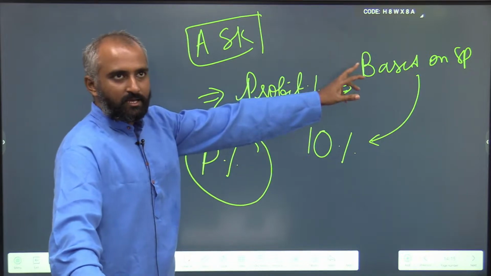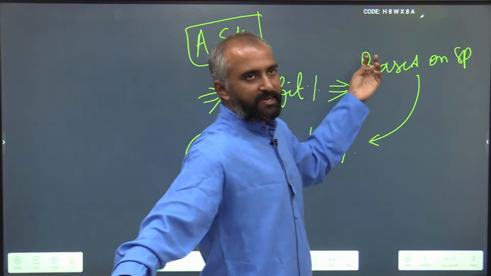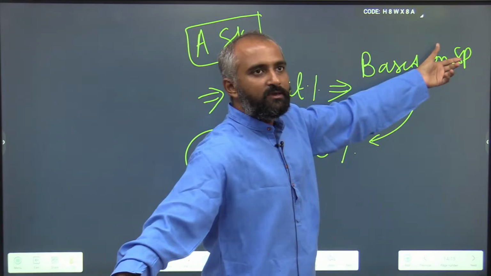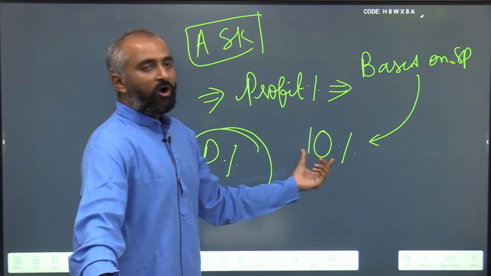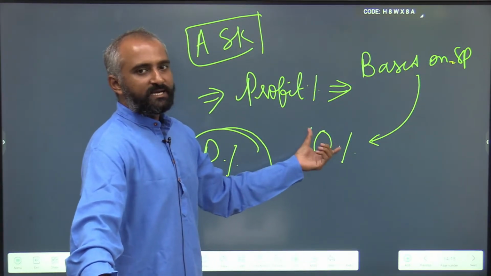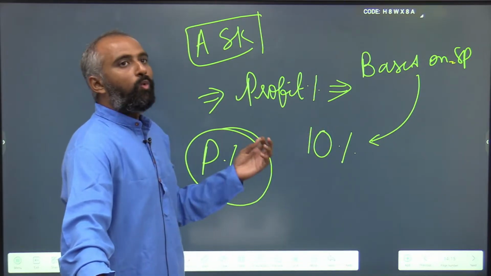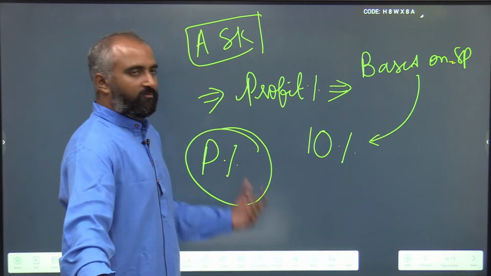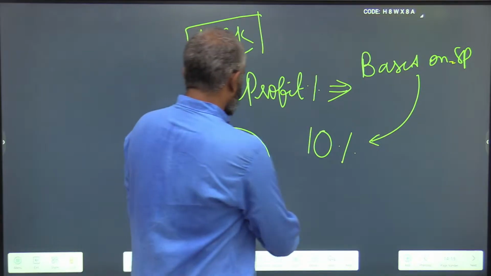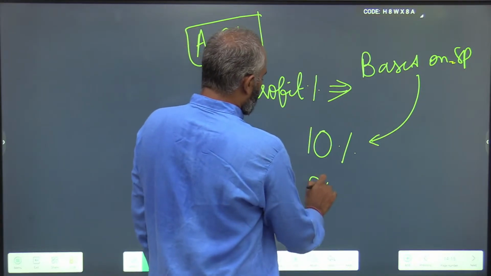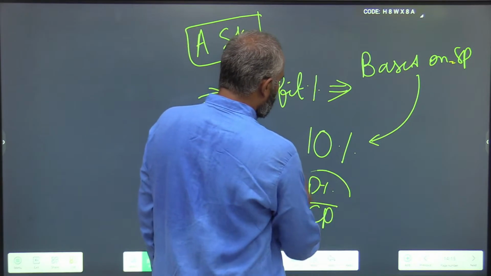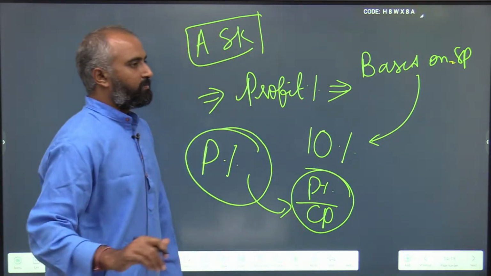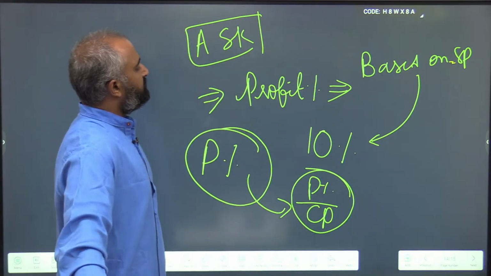Because of a mistake, by calculating on the base of SP, he got 10% as a profit. But what is the actual profit percent? What is the profit percent based upon CP?